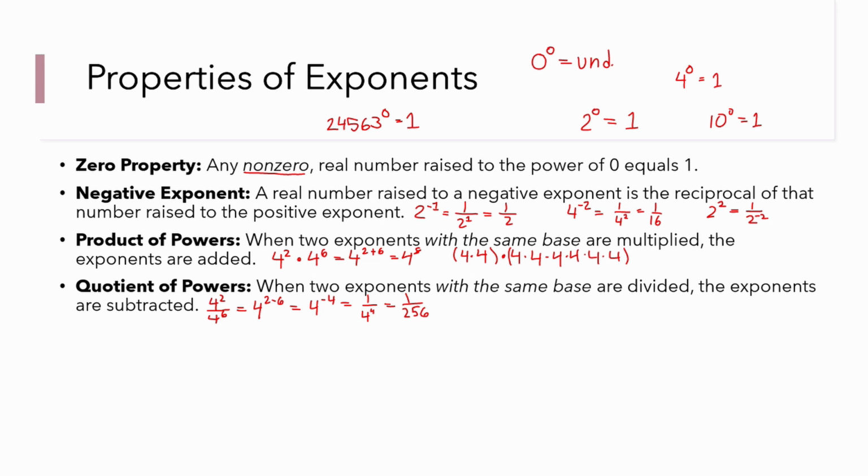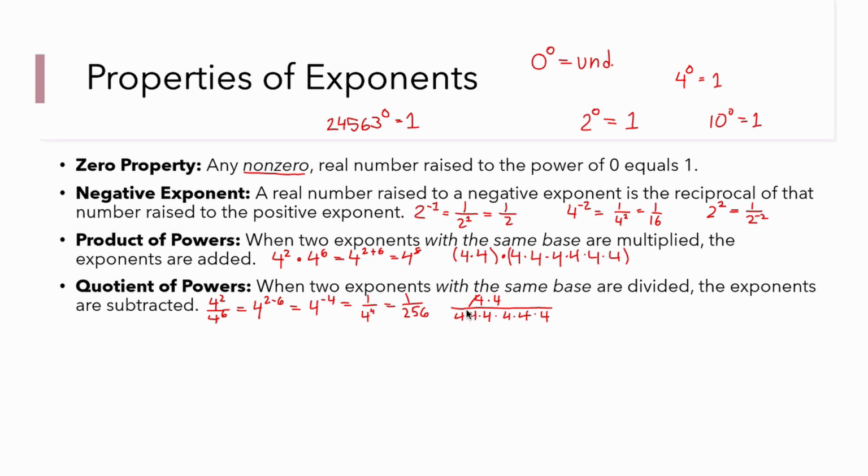Now, why does this work? If we take these and use repeated multiplication again, we would get 4 times 4 for 4 squared divided by 4 times 4 times 4 times 4 times 4 times 4, 4 to the power of 6. Now we can cancel out any of the 4's in the numerator that are also in the denominator.